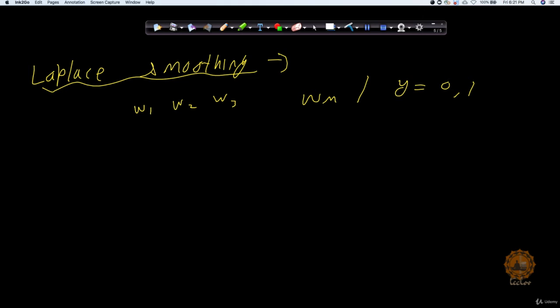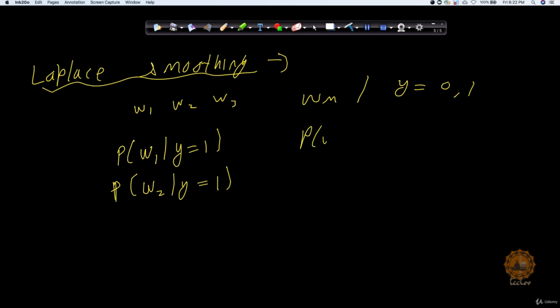During the training phase, we used to calculate the probability of W1 given that y is equal to 1, because in the training phase I know where my class 1 is for word W1. Similarly, I used to calculate for the remaining words as well, and the same thing we used to do with respect to y is equal to 0. This is the way we used to work in naive Bayes.